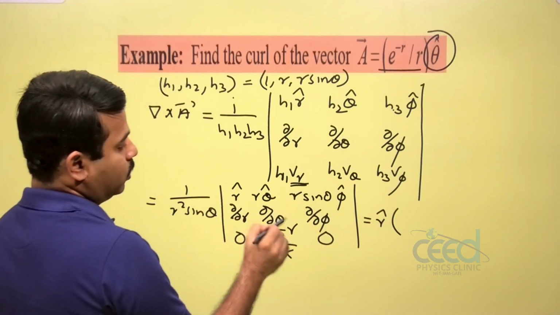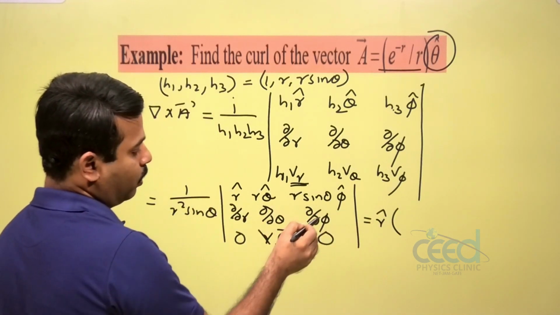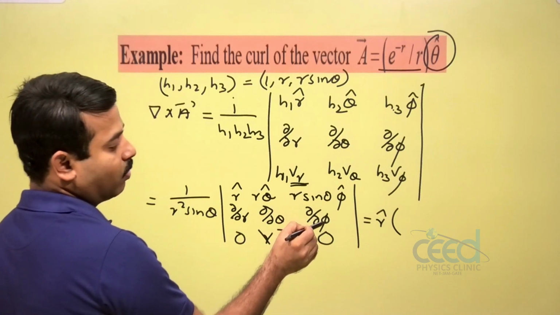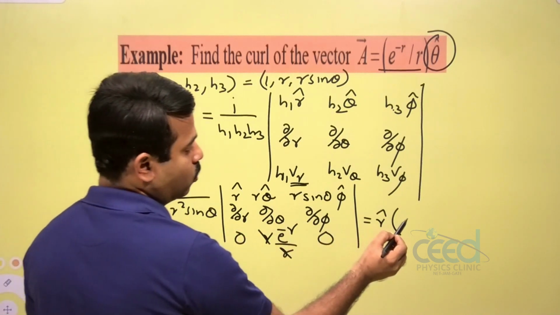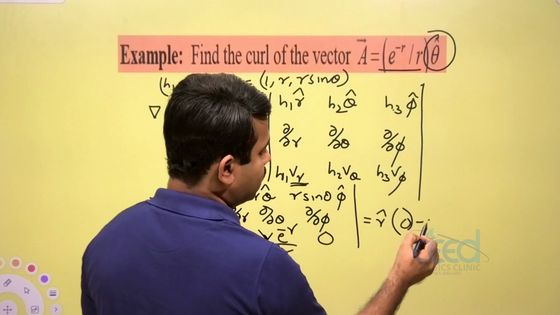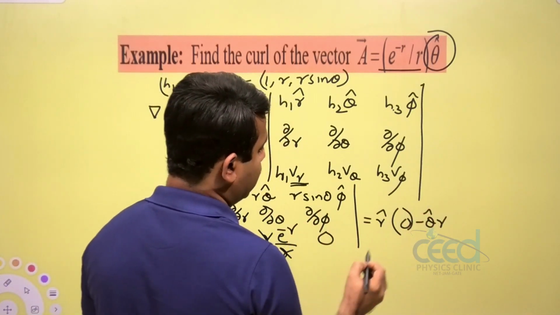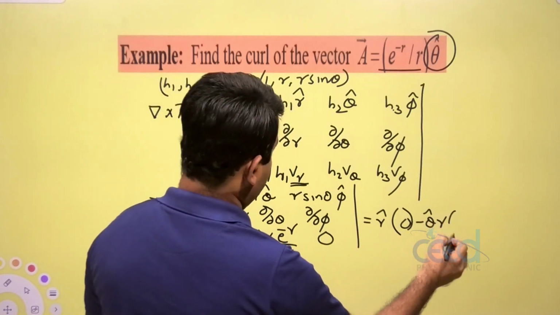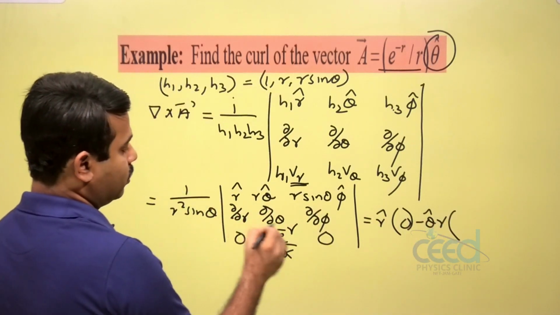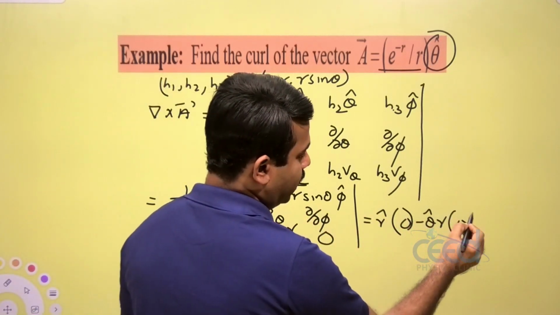This gives 0 minus 0, because with respect to phi, r is a constant, so 0. Now minus theta cap term: this row and column also give 0, so we need not write it.